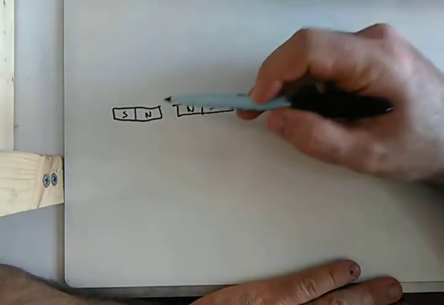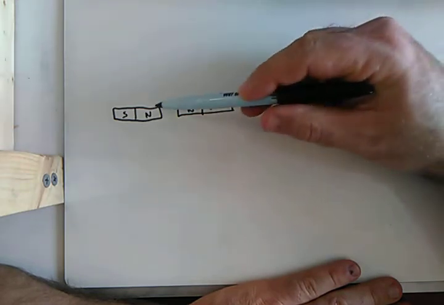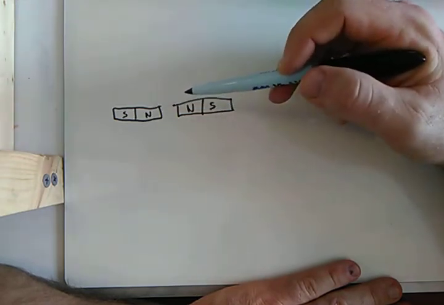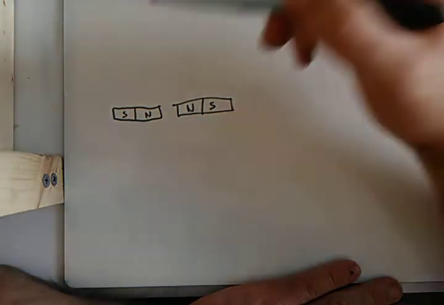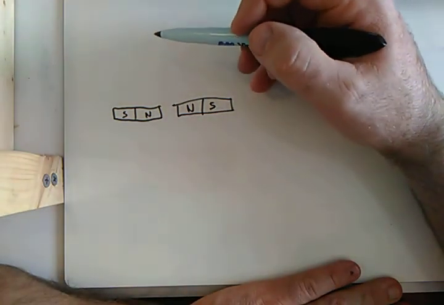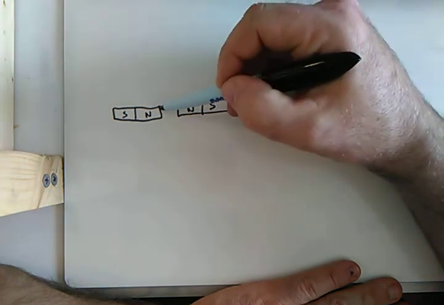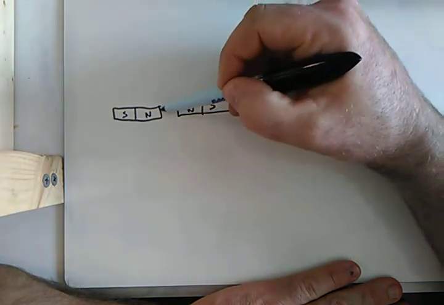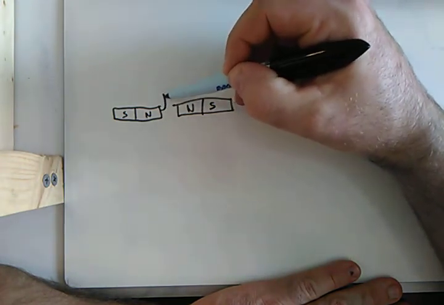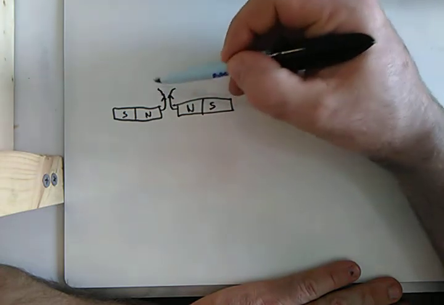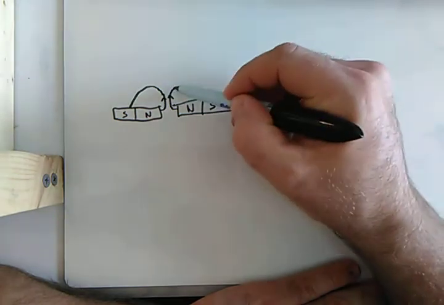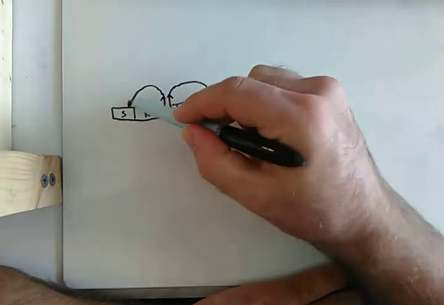So what I've done is I've drawn two bar magnets, and I've put the north poles facing each other. So the field that would be produced would be an interesting field. If we say it flows from north to south, these fields here don't touch each other, so that goes like this and like this.